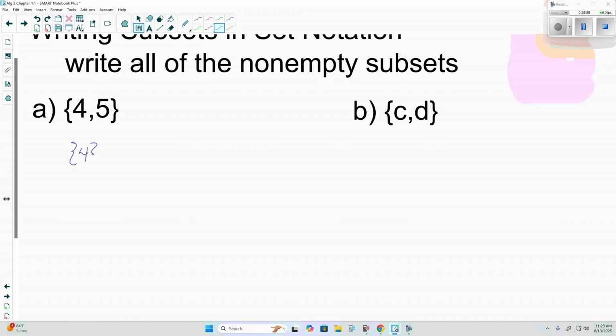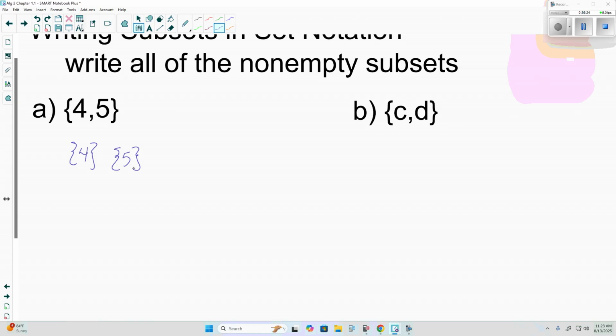The set containing 4, yes? Is that a subset of the set 4, 5? What's another one? 5. We can have the set containing 5. What else could we have? The set containing what?